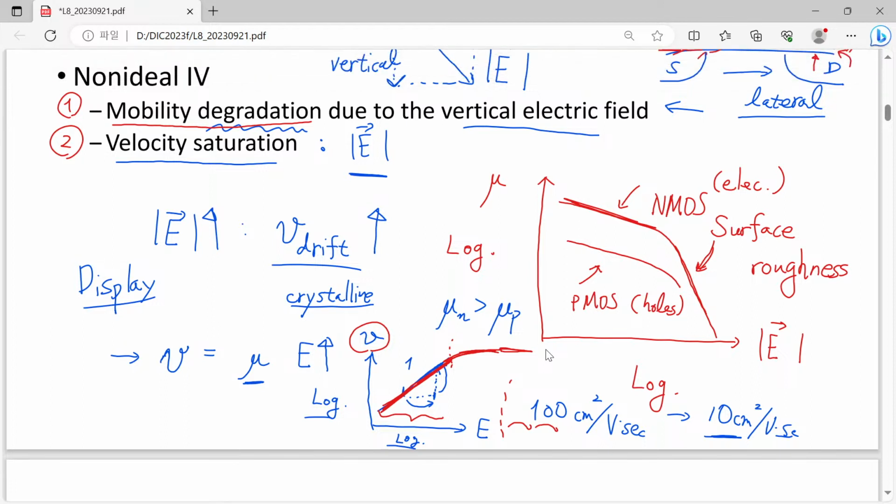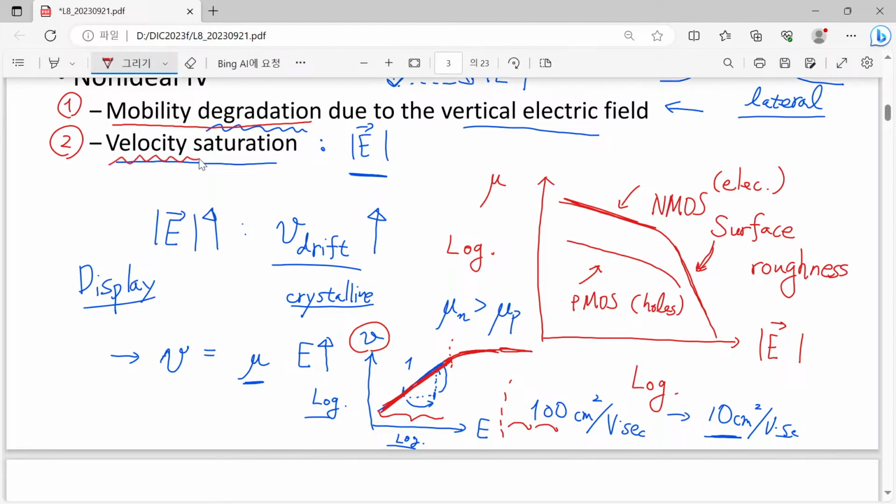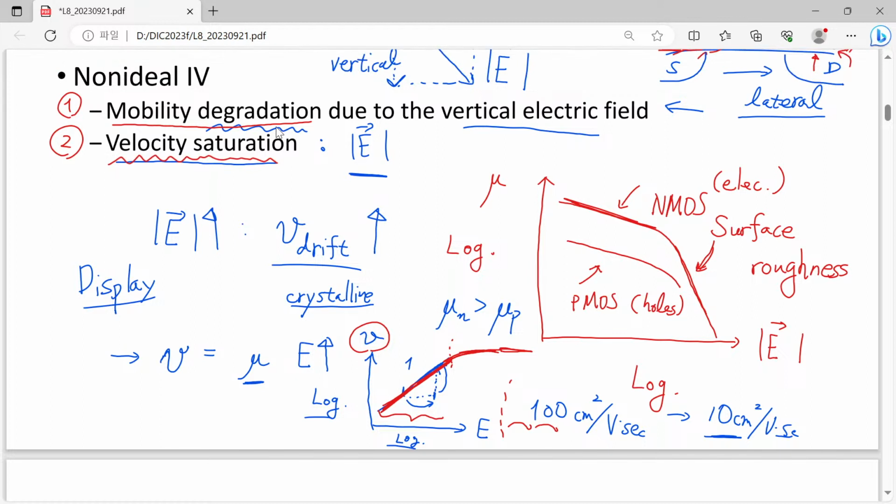Are you with me? That is called velocity saturation. Velocity saturation can be observed just in a bulk system. Even when you make any kind of silicon device, not only MOSFET, but BJT, PN junction, whatever, or even a pure resistor, you can observe this velocity saturation. Velocity saturation is everywhere, and we want to apply it to our silicon MOS transistor.